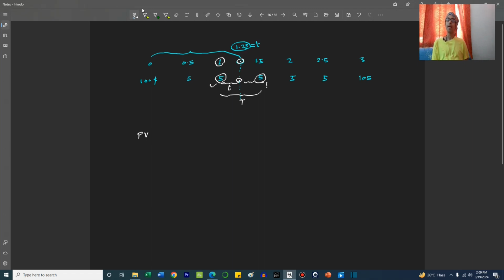PV at t is equal to 1, when the interest has already been paid, the value would be equal to PMT by 1 plus required rate by 2 to the power 1.